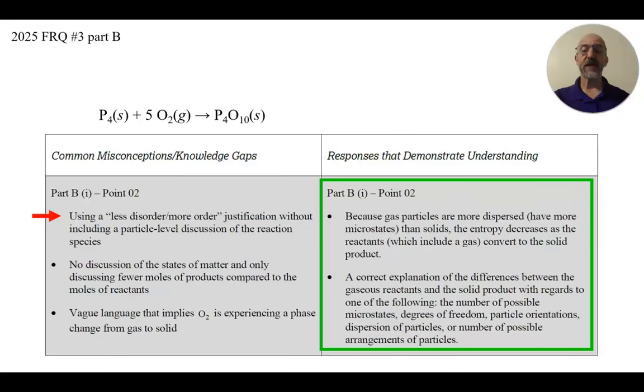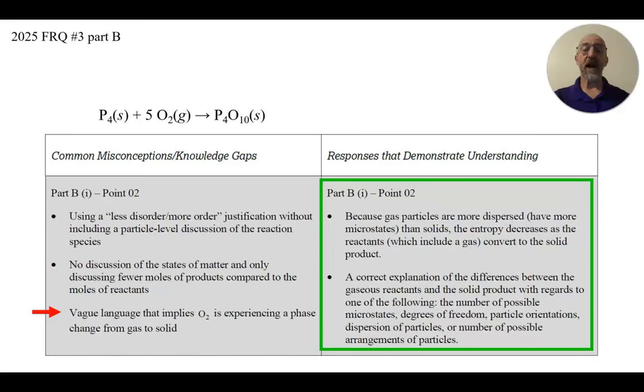Students who simply said less disorder or more order and did not include a particle level discussion of the reaction species did not earn the point for this question. Students who simply referred to a fewer number of moles of products compared to moles of the reactants, but did not discuss the states of matter, specifically changing from a gas to a solid, did not earn the point.